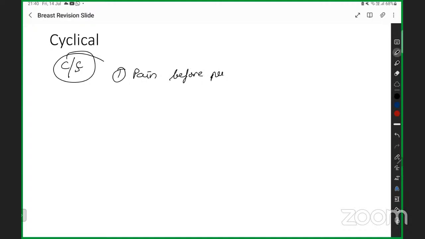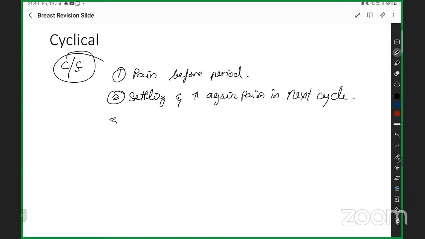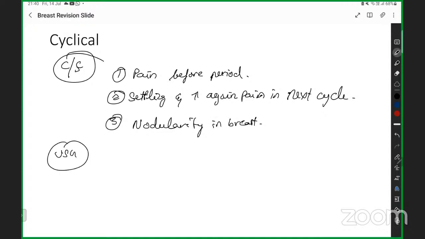Before the menstrual period, the patient will have pain, which then settles and increases again in the next cycle. So before every cycle, the patient will have pain. Number three is nodularity in the breast. Is it clear? So what is going to be your investigation of choice?